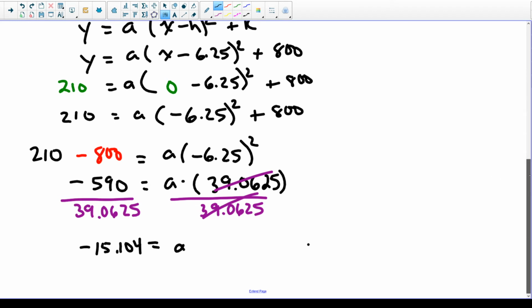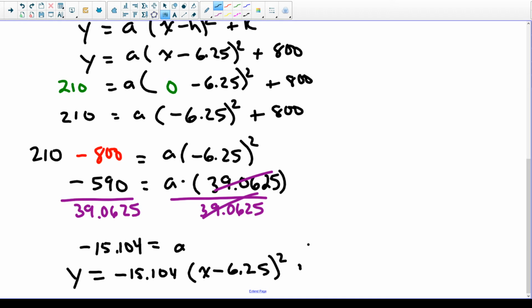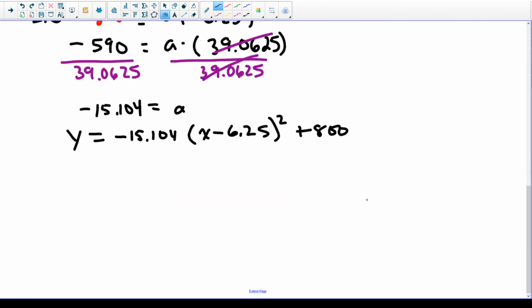And we now can write the equation that models this scenario as negative 15.104 times x minus 6.25 squared plus 800. And that should be a pretty good model for that relationship.